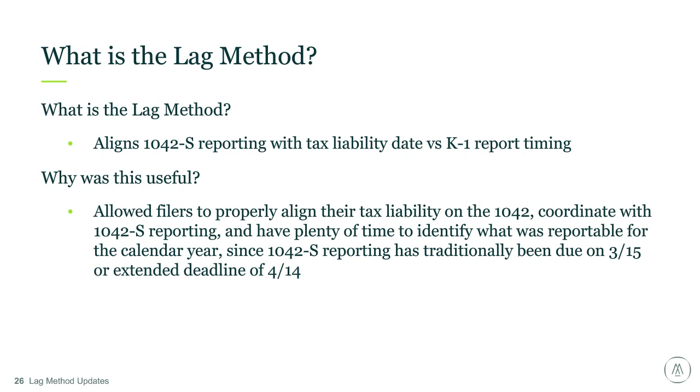The lag method aligns 1042-S reporting with the tax liability date, as opposed to the K-1 reporting timing for reporting that income. So ultimately, a U.S. partnership has a special rule for deposit requirements.